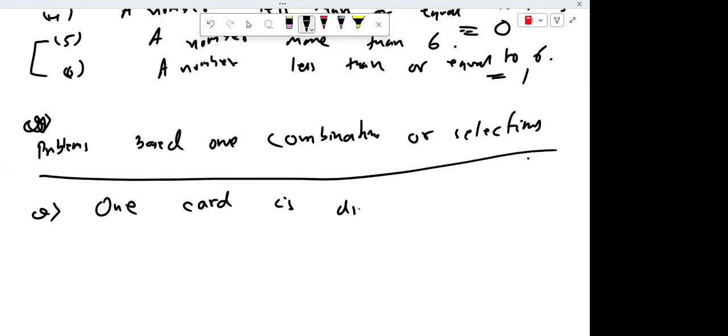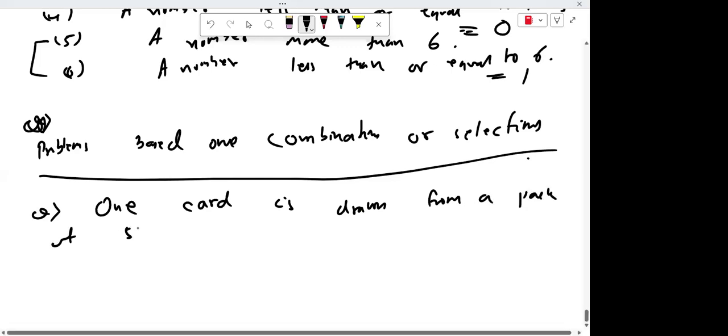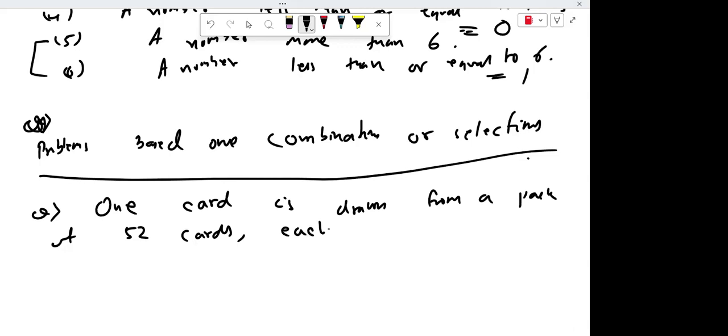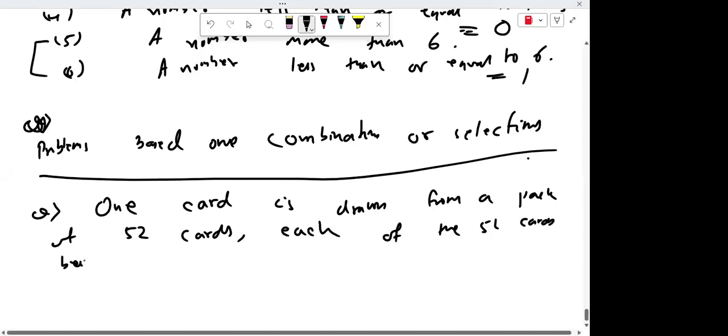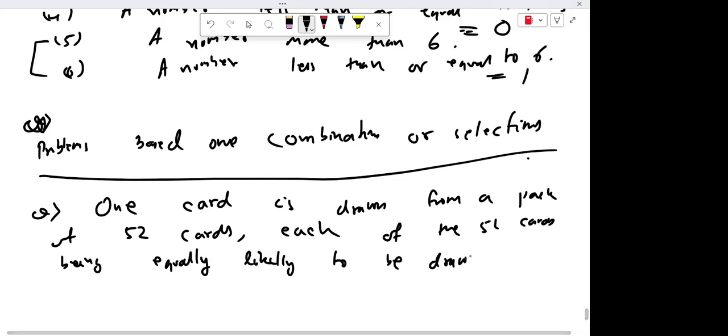One card is drawn from a pack of 52 cards, each of the 52 cards being equally likely to be drawn.